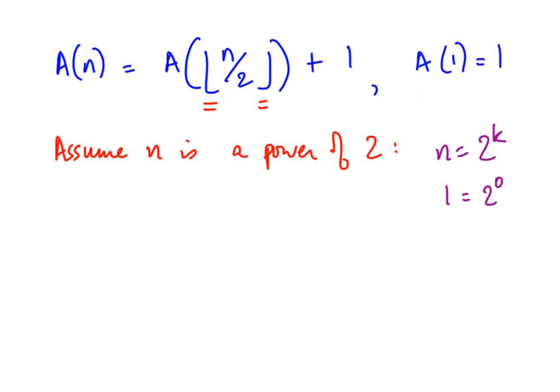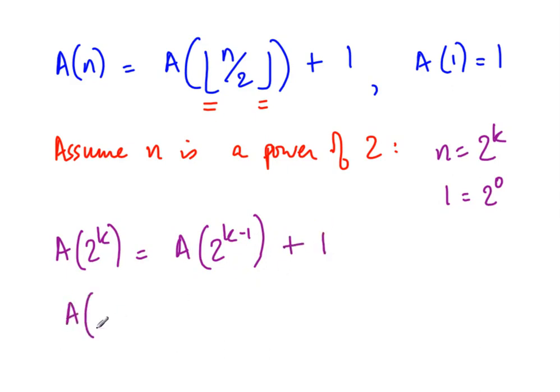Now if we write out the same recurrence in terms of k, then a of 2 to the k requires us to compute a of 2 to the k minus 1, that is what happens when you divide by 2, plus 1, and a of 2 to the 0 is equal to 1. So this is an equivalent recurrence restricted to the case where n is a power of 2.